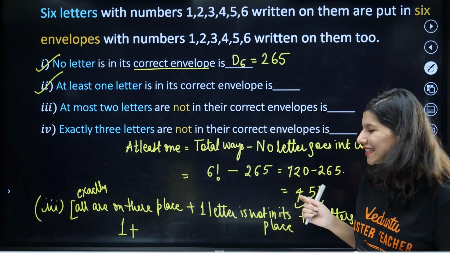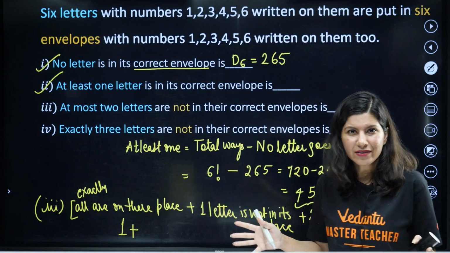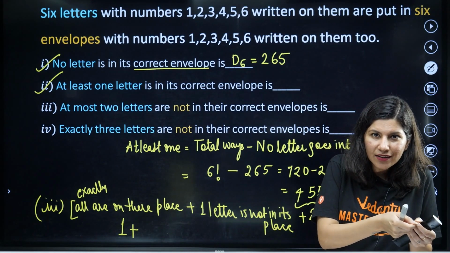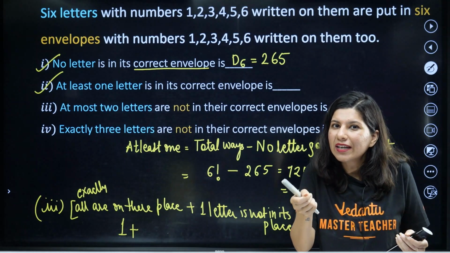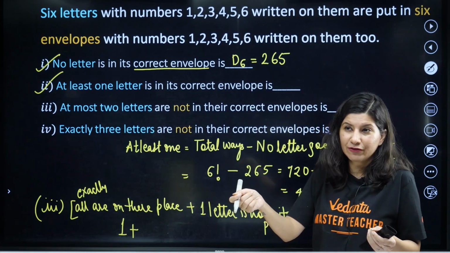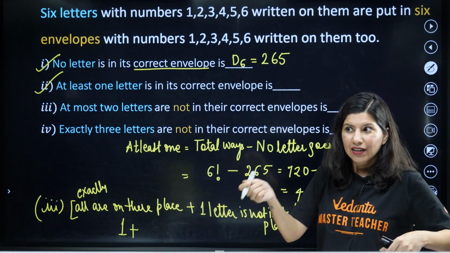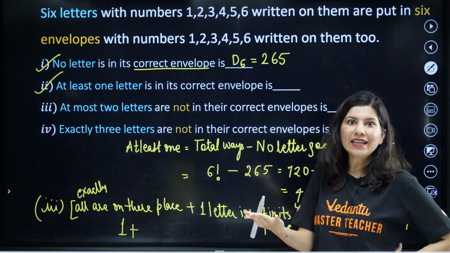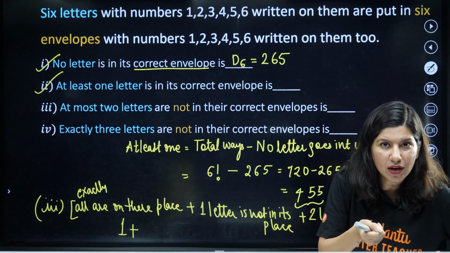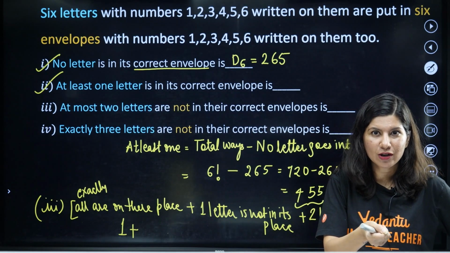Can this be possible? Exactly 1 letter. So we have 6. If I think that the first letter goes into, maybe, the 5th envelope, then automatically the 5th letter should go into the first envelope, right?